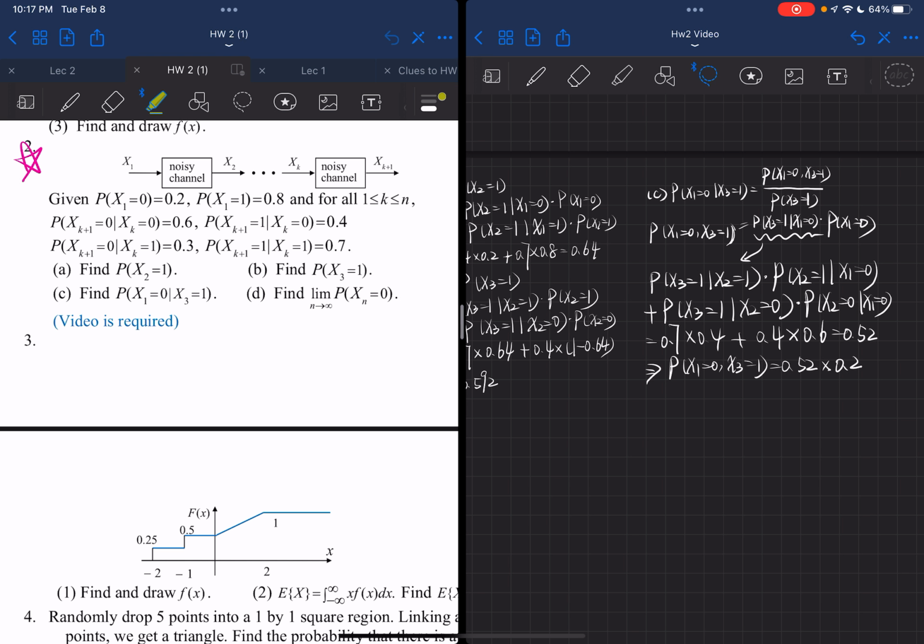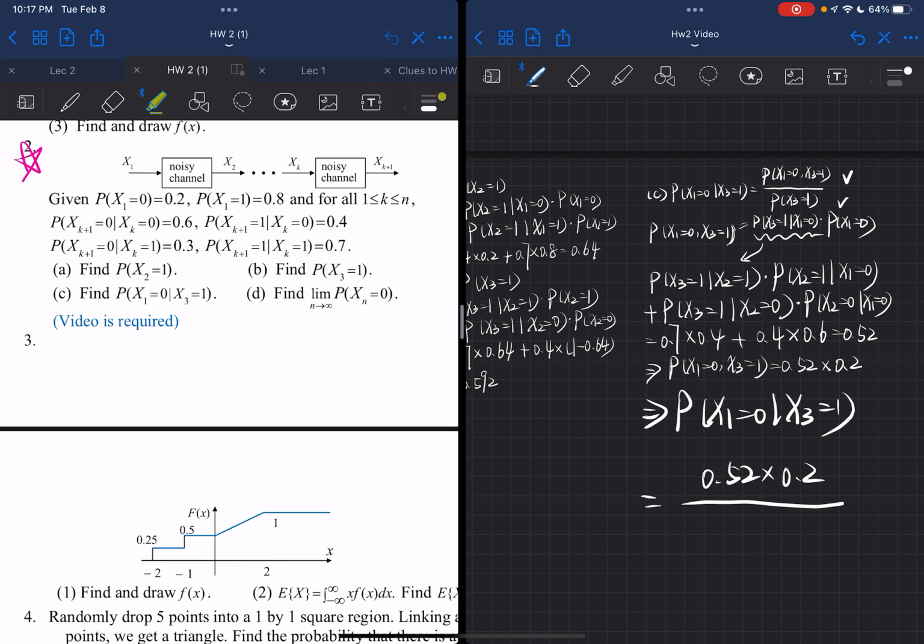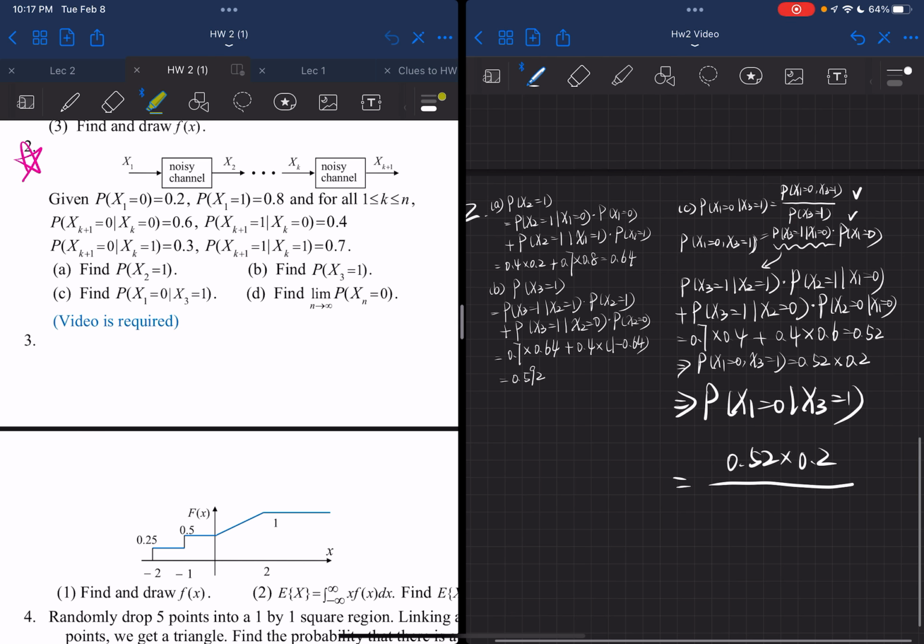So we know that the probability that x1 equals 0 under the condition that x3 equals 1 equals this value divided by the probability of x3 equals 1, which is 0.592, and we get our final answer, 0.1757.